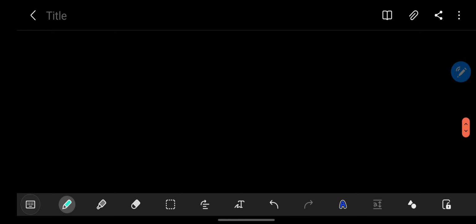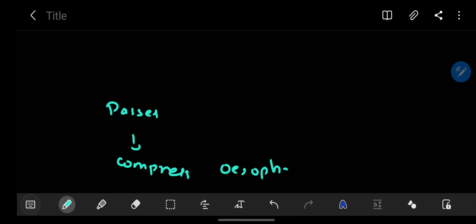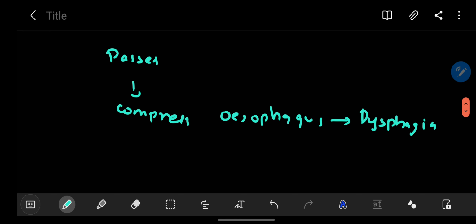This abnormal right subclavian artery passes behind the esophagus. While passing behind the esophagus, it will compress the esophagus, and this compression causes dysphagia.